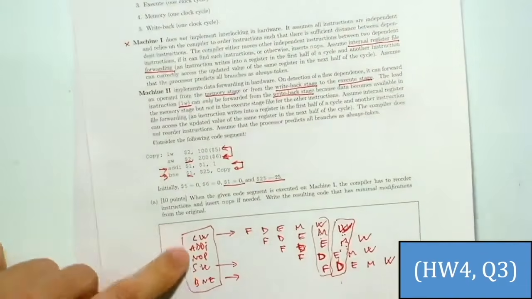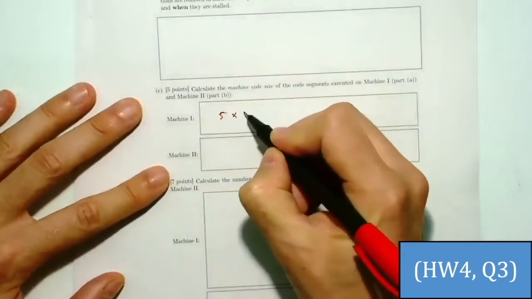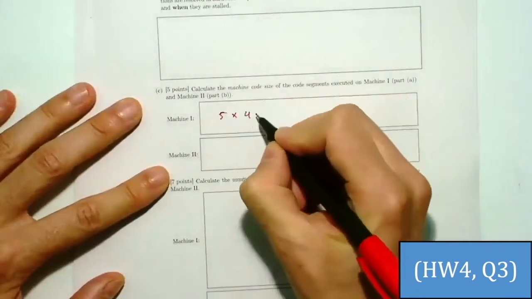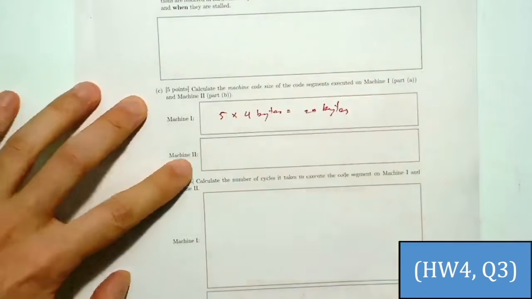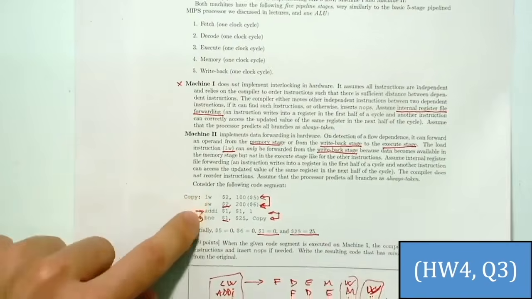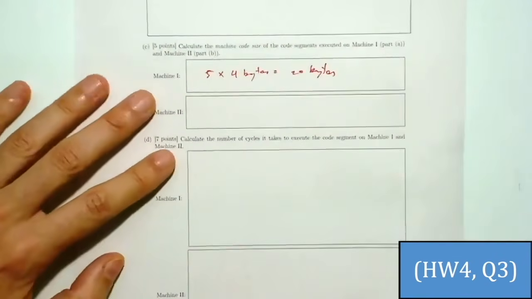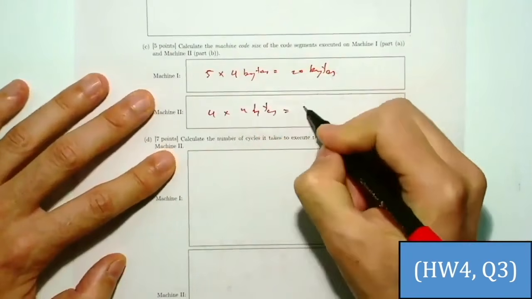In machine 1, we have basically 5 instructions, and each instruction is 32 bits, or 4 bytes. So we have 20 bytes. And in machine 2, we have exactly the same code, so the compiler doesn't insert anything. So we solve the dependencies in hardware. So we have 4 instructions, 4 by 4 bytes. That is 16 bytes.